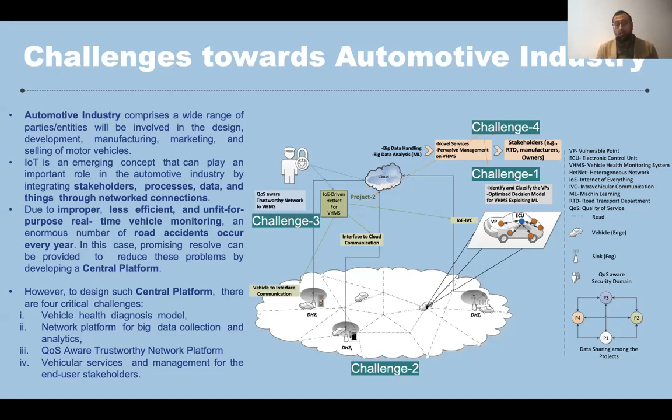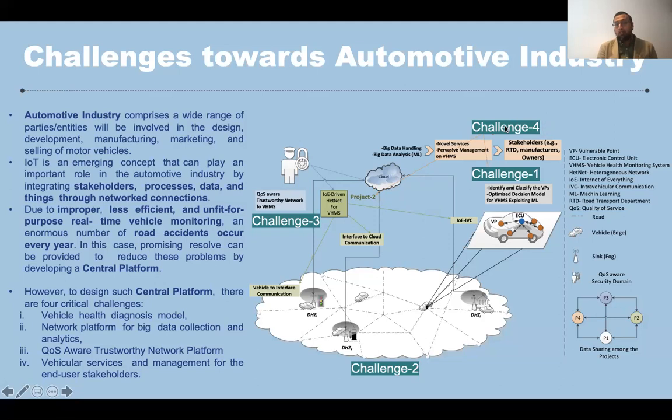and device computational complexity. Once we gather this data in, let's say, a central entity, there will be a lot of opportunity for data handling, where we can use AI tools, applied machine learning, deep learning, and so on. Then several services can be introduced.